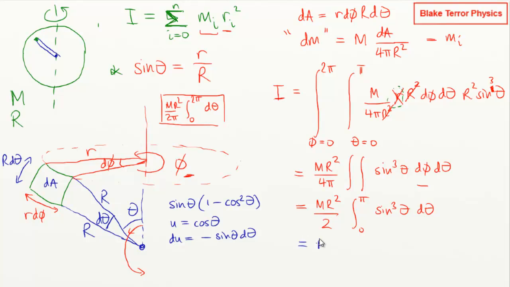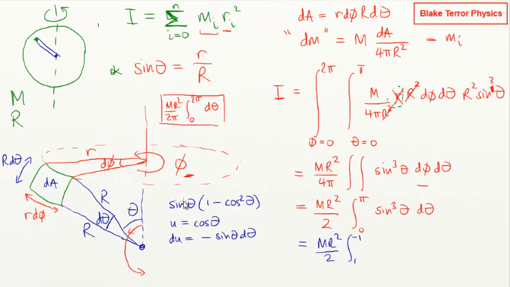So this is now leaving us, the outside hasn't changed, we've got mr squared over 2. We need to change our limits because we're now going to be integrating with respect to u rather than theta. So cos of 0 is 1, cos of pi is minus 1. So we're going from 1 to minus 1 now rather than 0 to pi. We're then changing what we've got inside the integral.